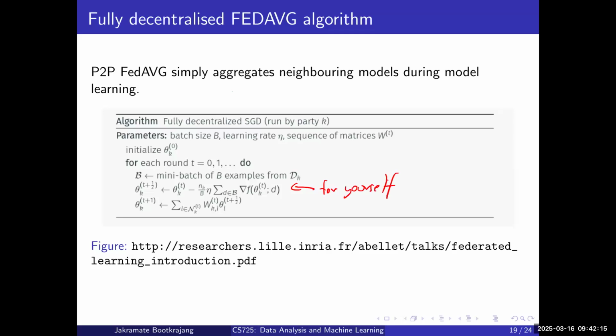You update the weight based on the data that you have, and then this is the update from the neighborhood, right? So in one iteration, you do two updates. One is updating for yourself. Another one is updating using your neighborhood weight.